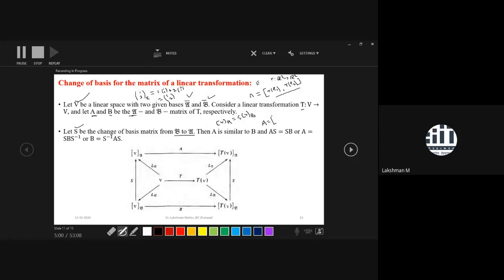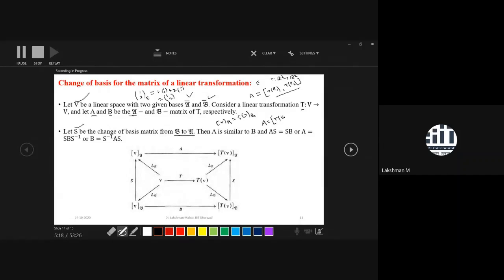So if you are coming to the A matrix, it is the matrix of the transformation with respect to basis A. What would be the first column of A? We have to find the coordinate of the image of a basis element.